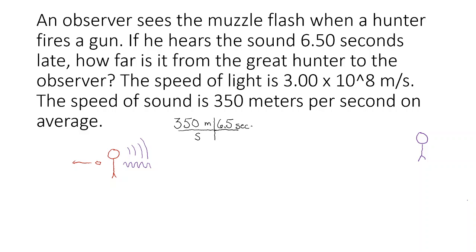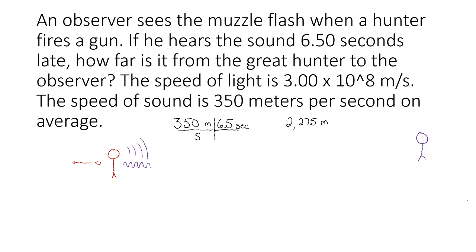This is even kind of a simple unit analysis problem. How far were you away? So you do 350 times 6.5, and you can see your seconds cancel out, and you are 2,275 meters away, or 2.3 kilometers.